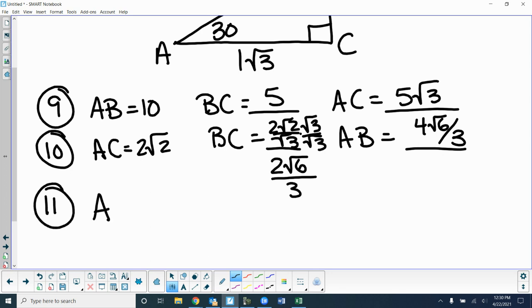I give you AC again. I should have given you BC, actually. I think that's what I wanted to do, but I didn't. So now it's 5 radical 5 for AC. So we're doing the same steps. To get BC, what do I do with that number? Divide by radical 3.